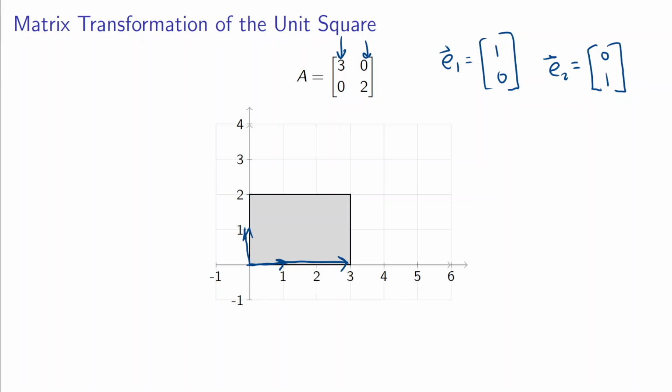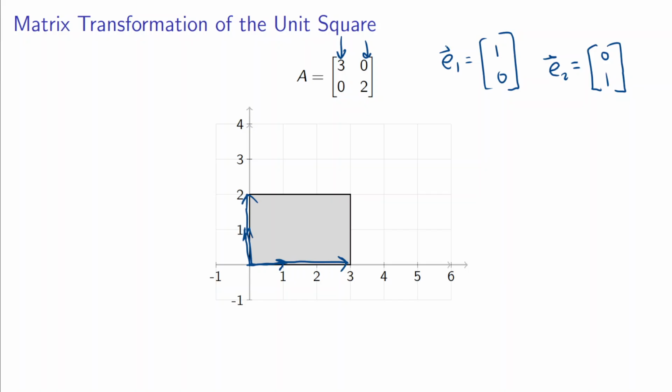We take 0, 1 and stretch it by 2. So this matrix as a whole, A, is going to scale the horizontal direction by 3 and scale the vertical direction by 2. Combining those things, we're scaling all of space by 3 times 2, or 6.